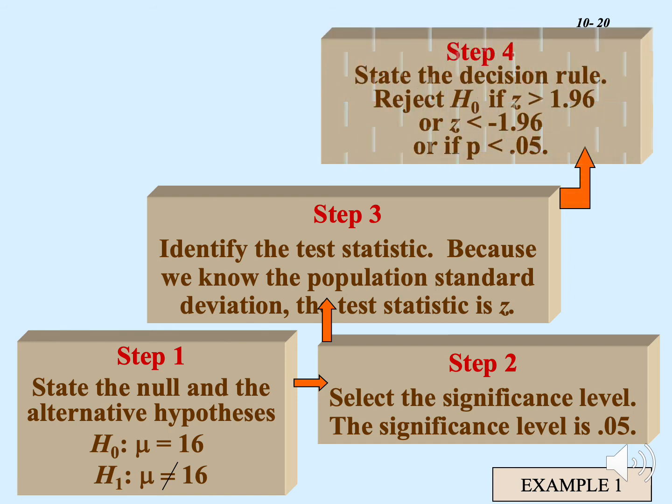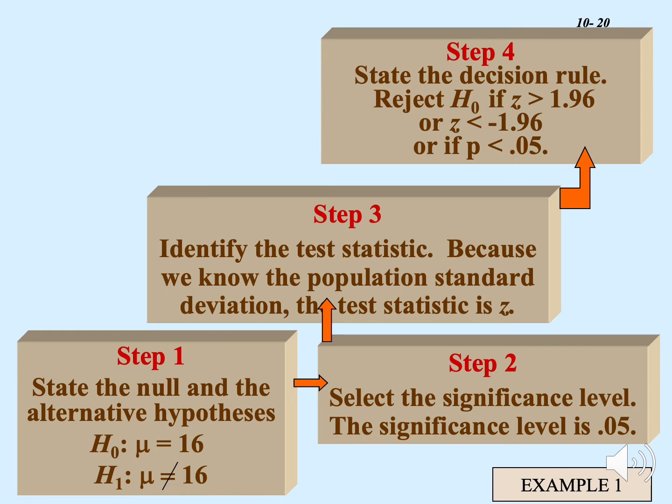So here our decision rule is we reject H0 if the computed Z is greater than 1.96, or if it is less than negative 1.96, or if the p-value is less than 0.05.